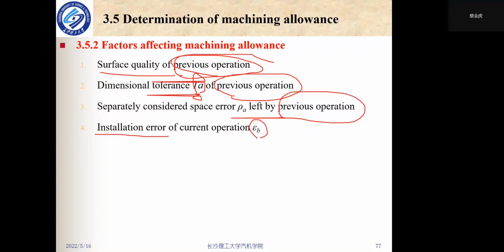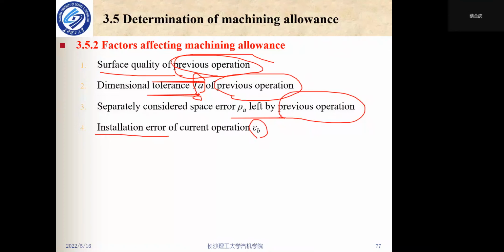The installation error consists of location error and a clamping error. It will directly affect the relative position between the surface to be machined and the cutting tool. Repeat again. The installation error consists of location error and a clamping error.